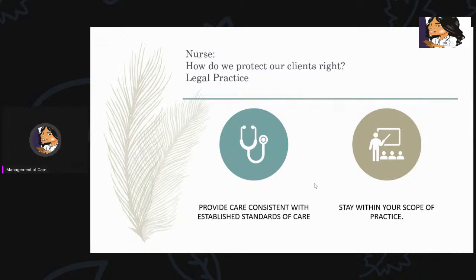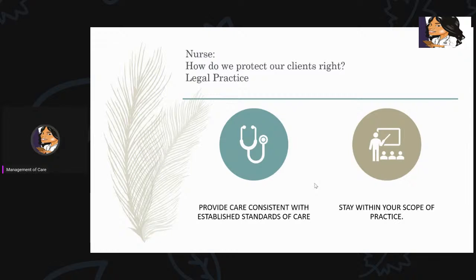Okay, remember legal practice. In order for you to ensure that you don't get into any trouble with the Florida Board of Nursing or with your facility, provide care consistent with established standards of care. Make sure that you know your responsibilities before you start working.